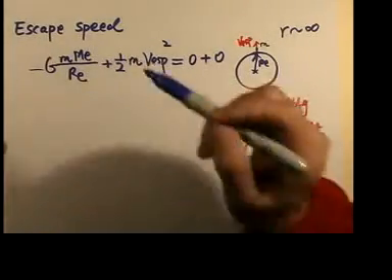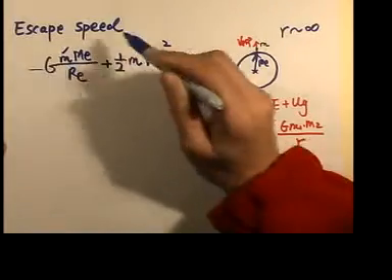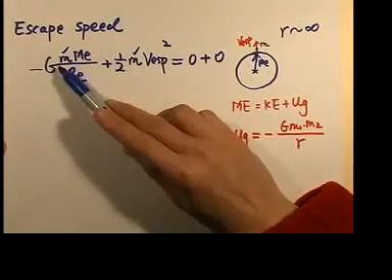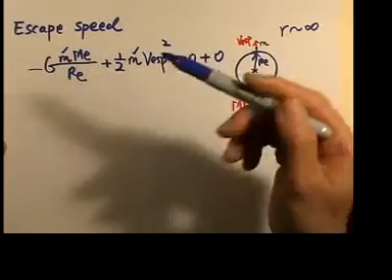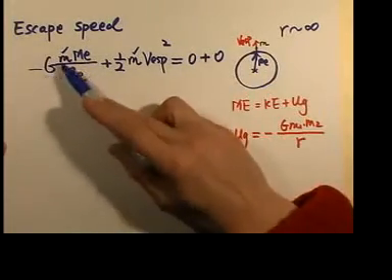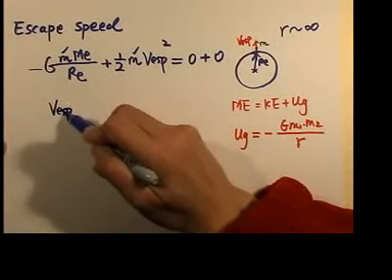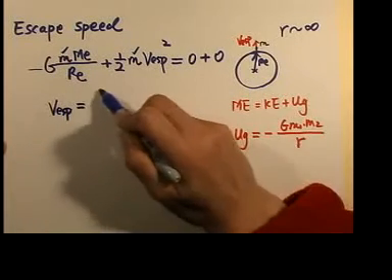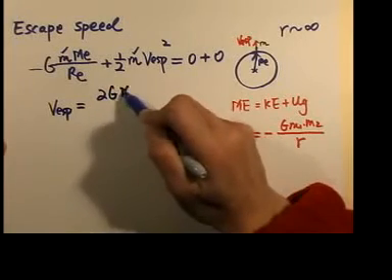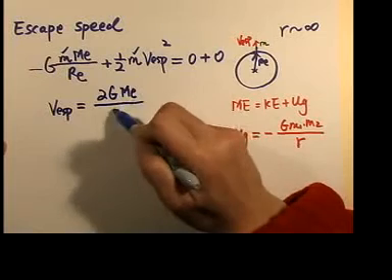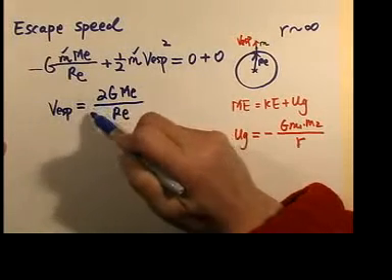So we can easily discover that this m, both sides of the equation divide by this little m, it's gone. And we rearrange this negative term to the other side. So we have v_esc equals the square root of twice capital G, mass of the Earth, divided by radius of the Earth.